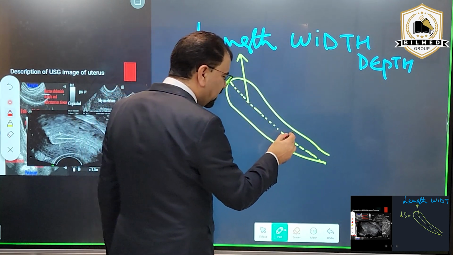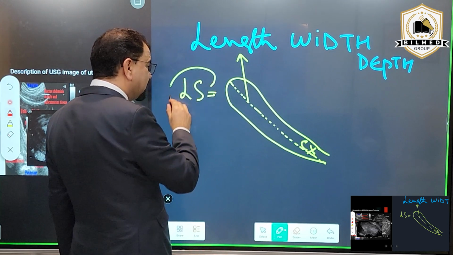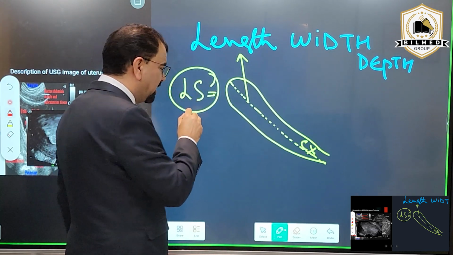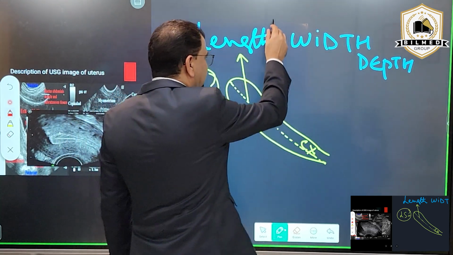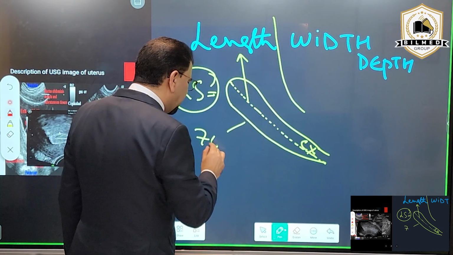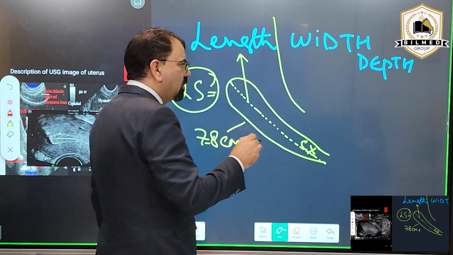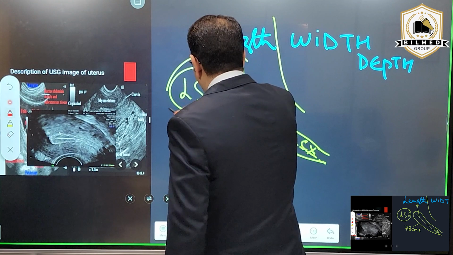So this is including the cervix, being in longitudinal section, not in transverse section. Now, that is length. So length is about 7 to 8 centimeters. This is in longitudinal section.